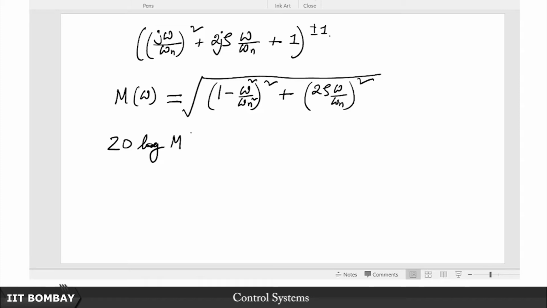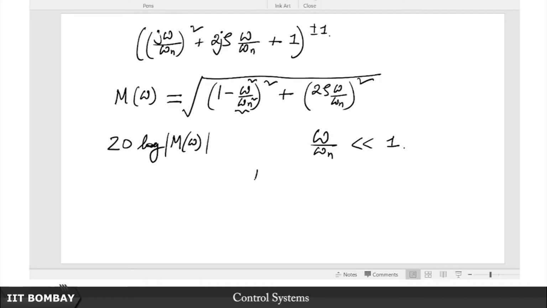What we are interested in sketching is this 20 log M of omega. As in all the previous cases, we would do well to split this case up into three particular scenarios. One, suppose omega over omega n is much less than unity. In that case we can ignore this term here, and we can also ignore this term here.